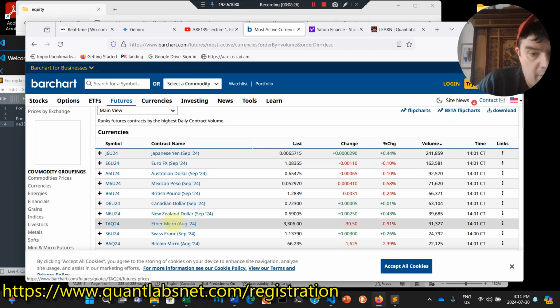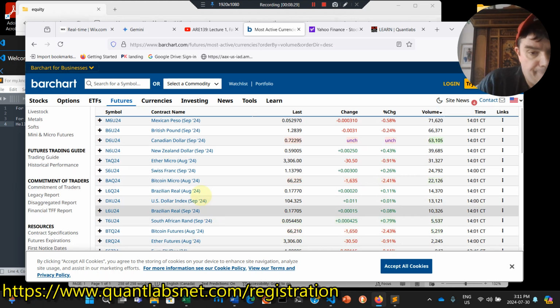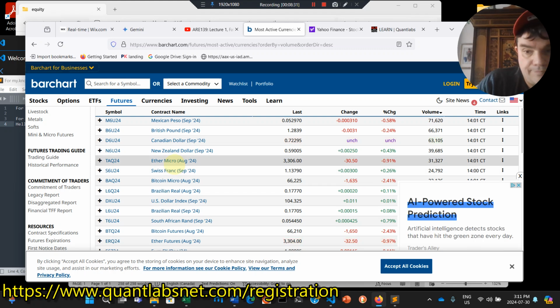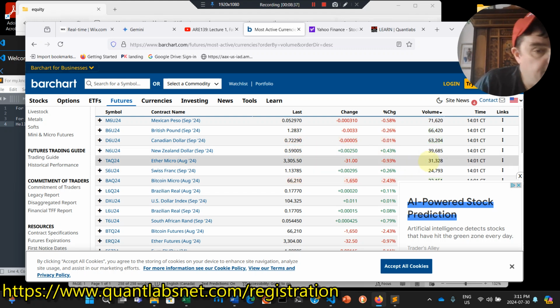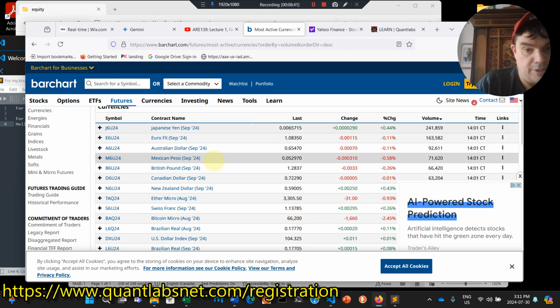So you can see here we have the Ethereum micro. Remember, I said 174,000 was in around where gold was. So you can see here the volume's only at 32,000 for Ethereum. So you don't see Bitcoin for some reason in here.